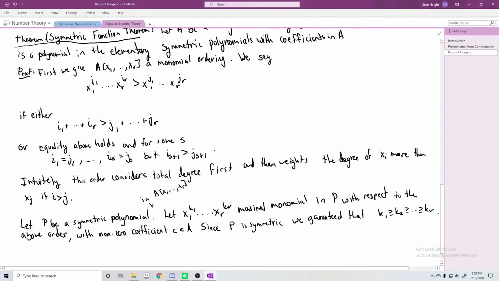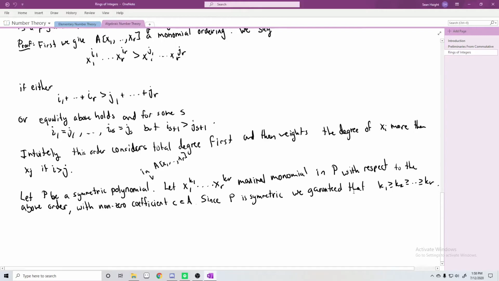So what's the logic here? Let's think about this for a second. If I have this monomial, I can apply a permutation which puts K1 greater than K2. It orders the k sub i's based on their size.